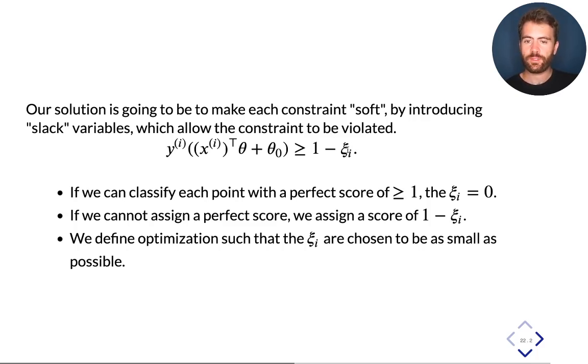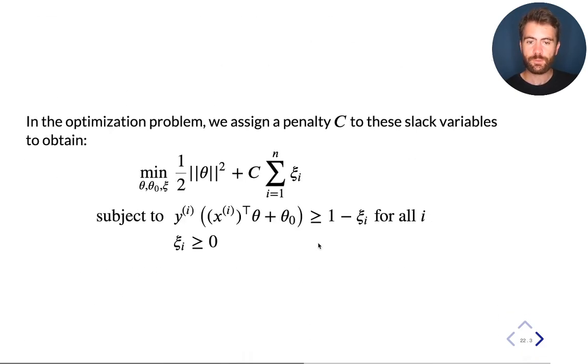In order to avoid having these large slack variables, we're going to define our optimization problem such that these xi's are chosen to be as small as possible.